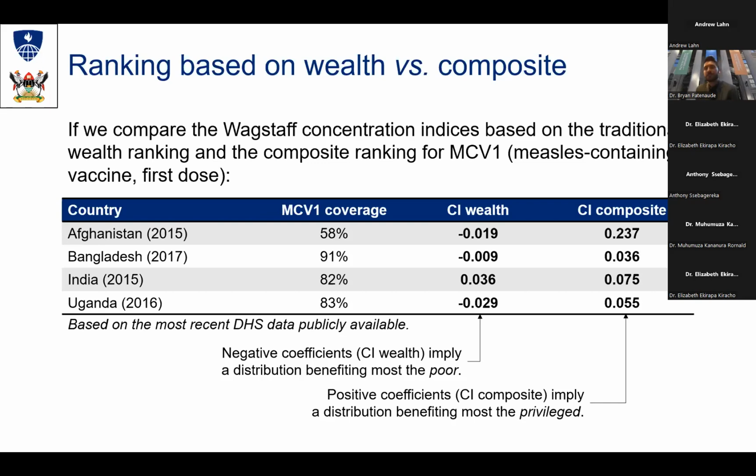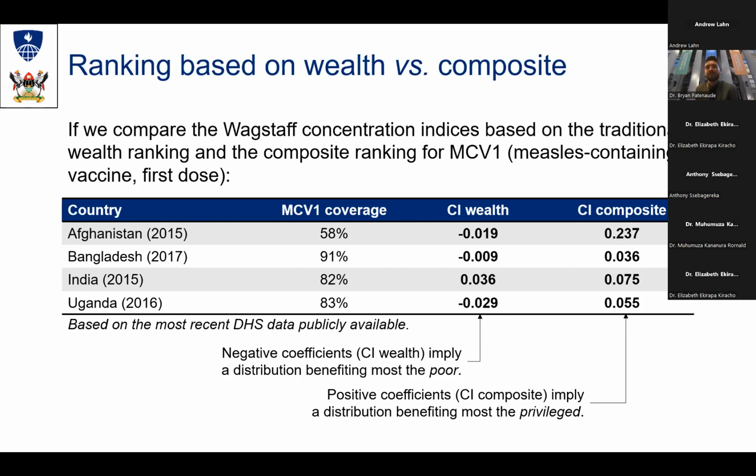And this is different based on whether or not you measure that ranking by wealth or by our composite combined measure that takes all of those criteria and puts them into a single rank. So you can see here for Afghanistan, Bangladesh, India, Uganda, there are differences between what you get measuring through wealth and through composite. And one important thing to point out is that in some countries, you may actually get a negative index.